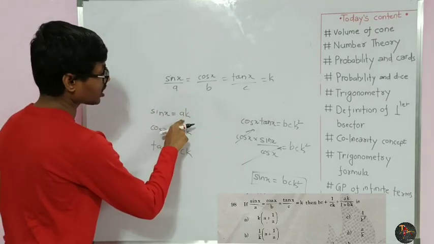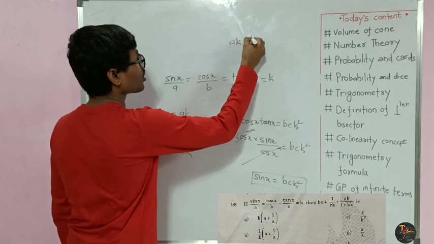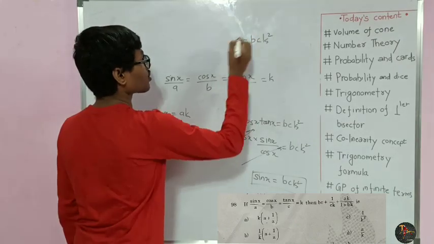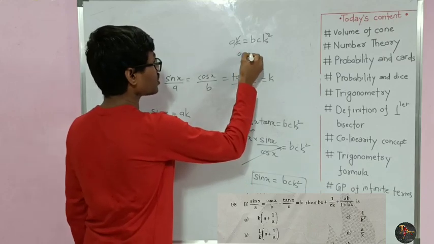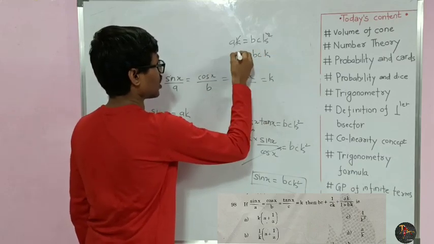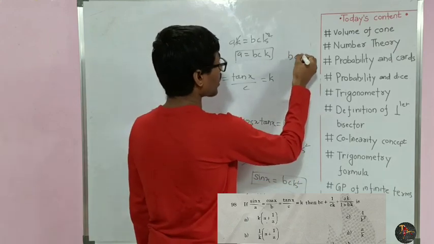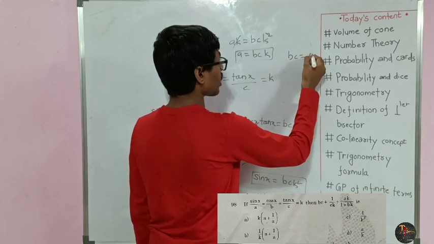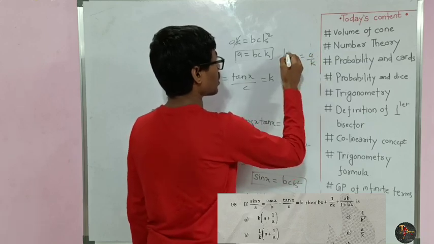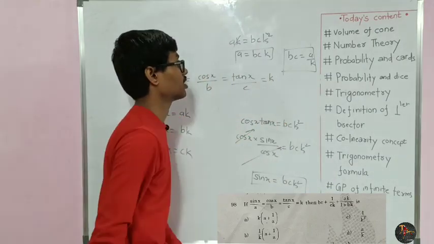But here sin x is ak, so ak will be bck square. If I cancel 1k from here, then I will get a is equal to bc into k. So bc value will be a divided by k. Let me box this value because I need the value of bc.